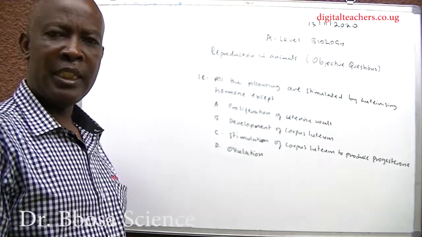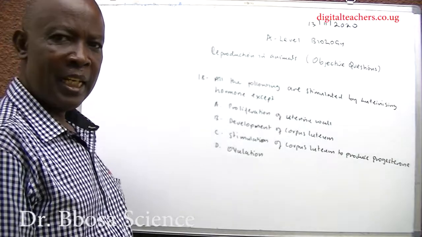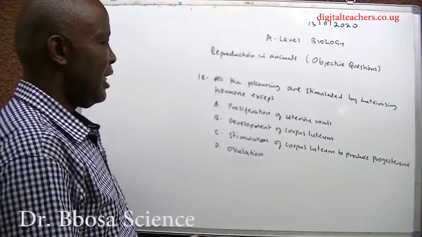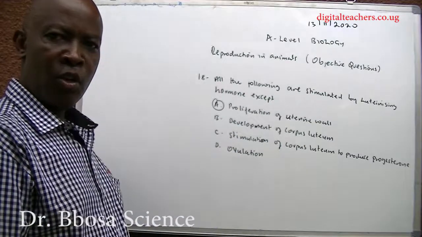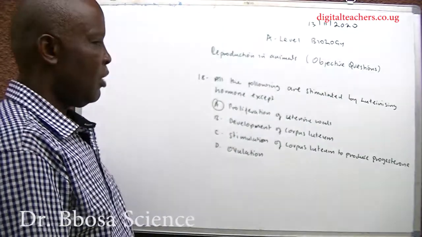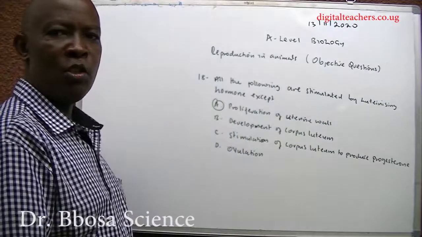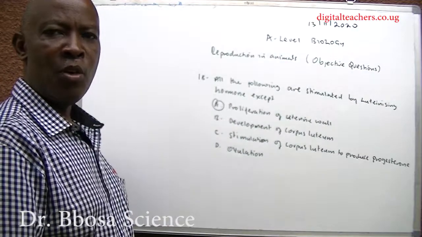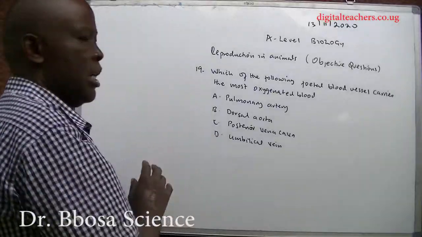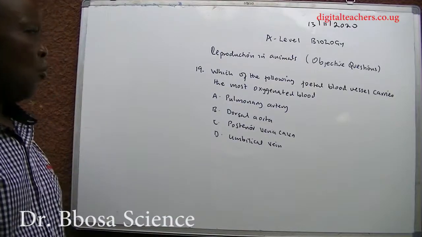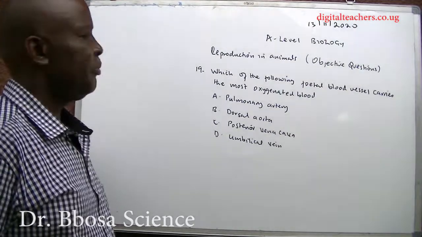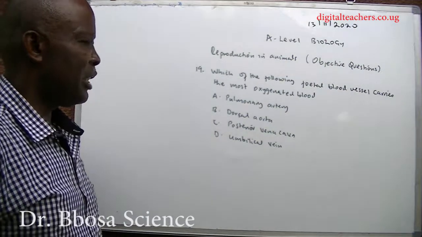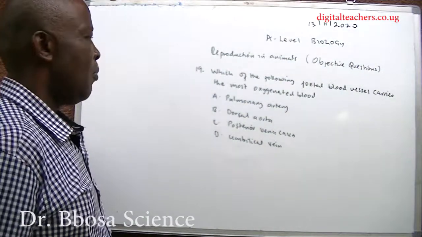You can pause and answer. The answer is A. Proliferation of uterine wall. This is done by estrogen and progesterone.